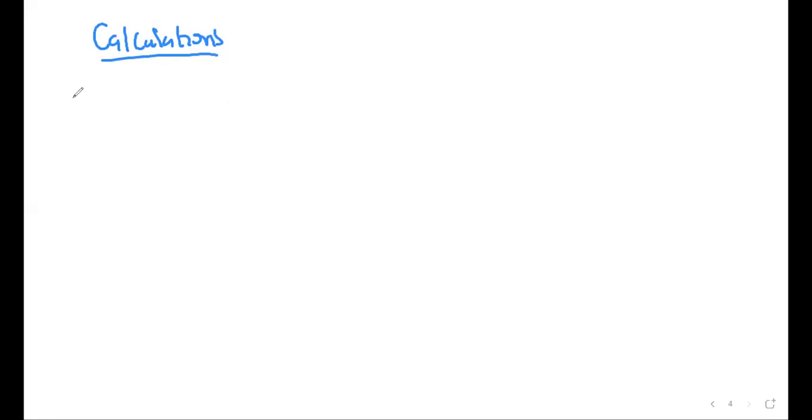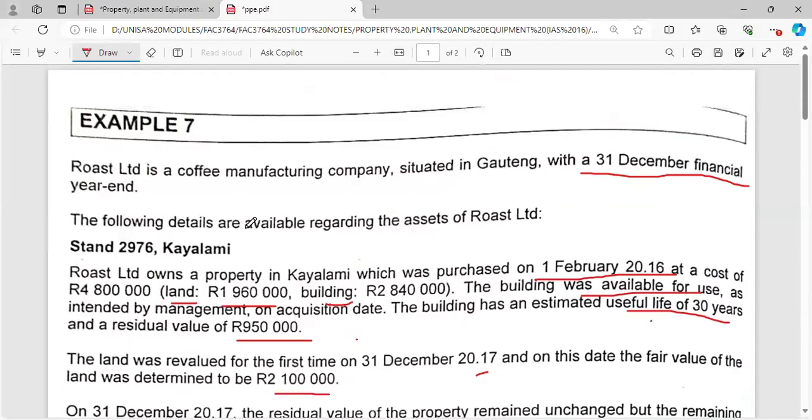So in our calculations, we can go to the question. What is going to be our first calculation? Let's start with the land. What are we going to do with the land? The land has a cost on 1 February 2016. Then there is a revaluation.